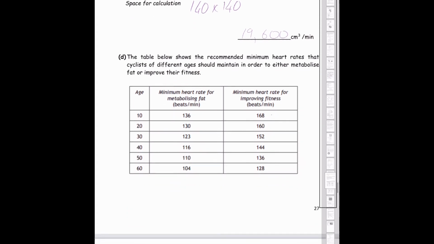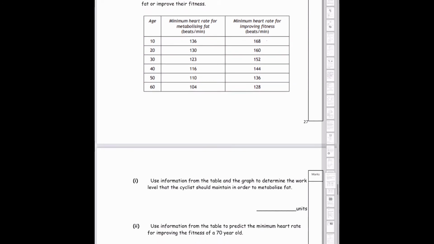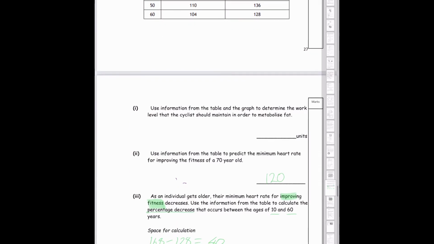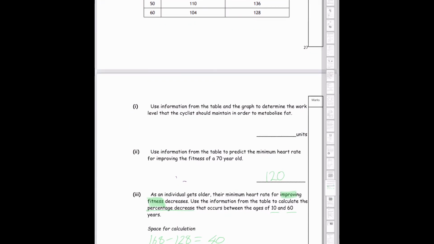Okay. So question D, we've got a table showing minimum recommended heart rate that cyclists of different ages should maintain in order to either metabolise fat or improve their fitness. The first one, part 1: use information from the table and from the graph to determine the work level that the cyclist should maintain in order to metabolise fat.